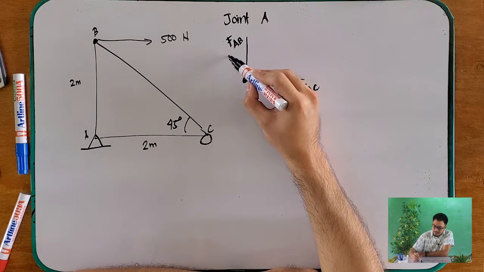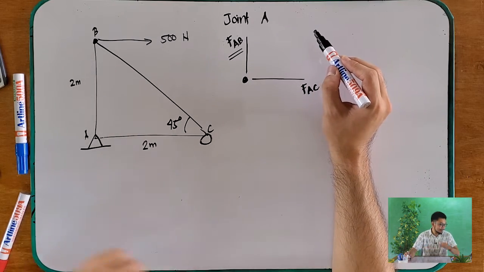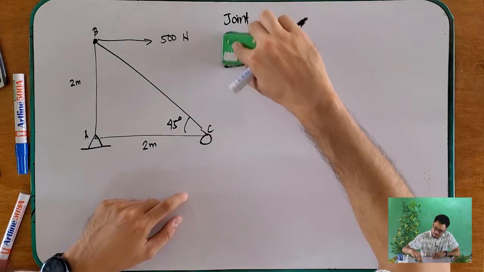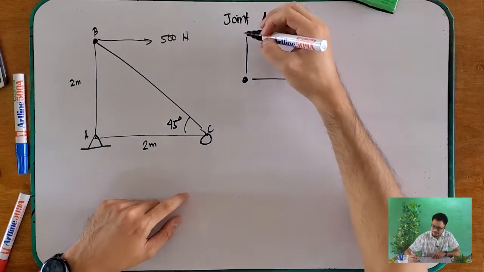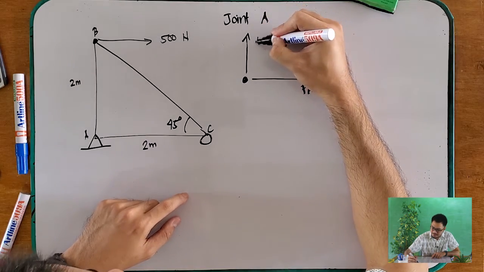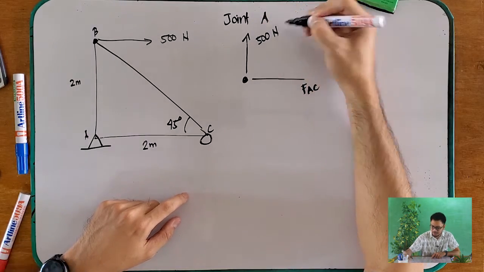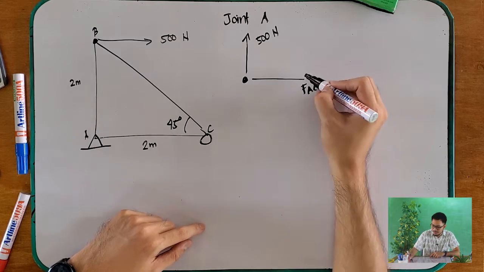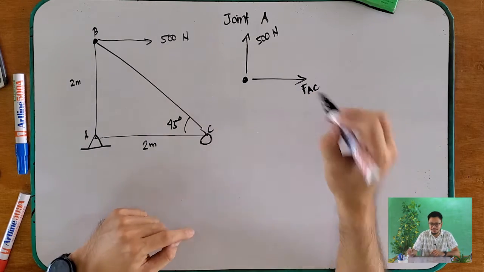We already solved for our FAB as 500 newtons, so that is in tension. So, instead of putting it there, FAB, ato lang ibutang tension nga 500 newtons. And this is our FAC, which we still don't know, so let's assume that this one is in tension.